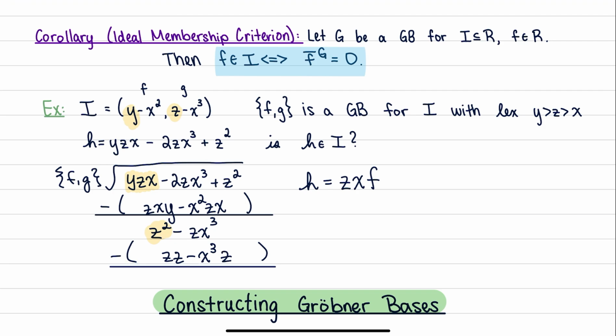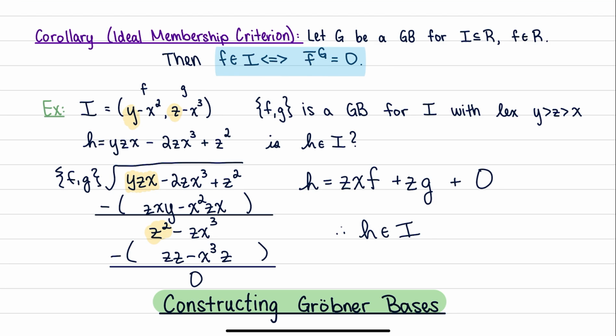So now I have z squared minus z squared, and minus zx cubed plus zx cubed. I actually end up with 0. So what did I do? A z times g, and then plus 0. So this tells me I divided by a Gröbner basis of I, and I got a remainder of 0. Therefore, h must be in I by this ideal membership criterion.